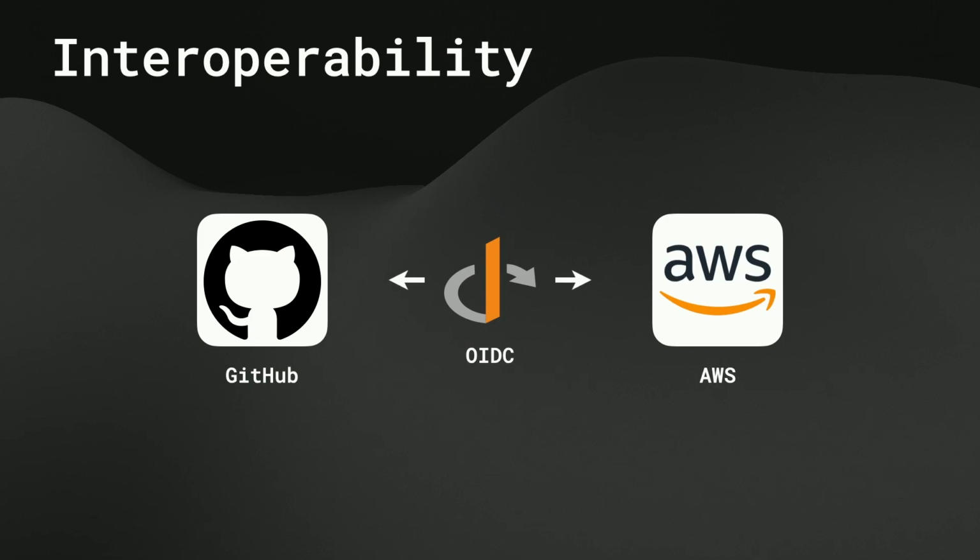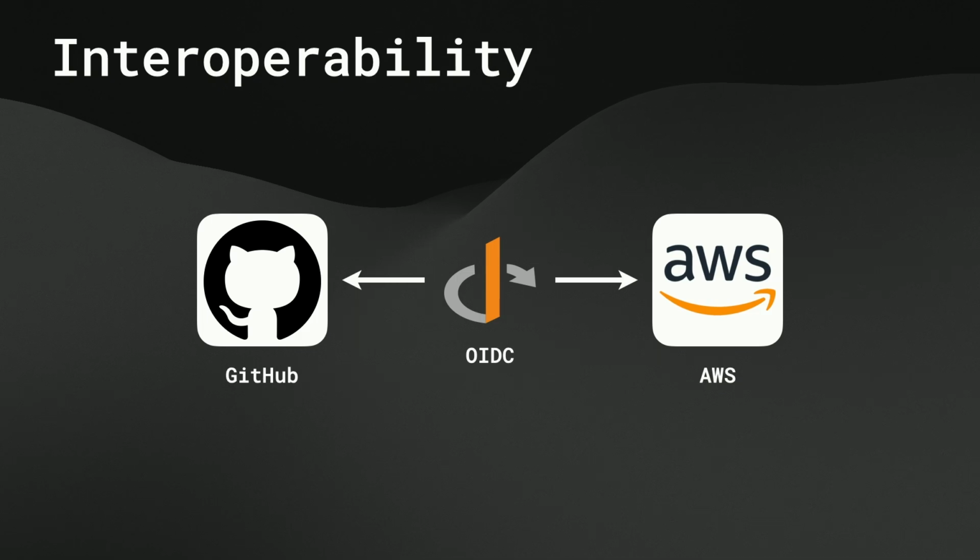The big thing is OIDC, OpenID Connect. With GitHub and with AWS, you can set it up so that GitHub is able to assume roles in your AWS accounts and get short-lived credentials, and not actually store passwords or tokens that have long lives in GitHub secrets, and then have to remind yourself on the calendar to rotate those things regularly or set up whatever kind of automation to try and rotate all those things.